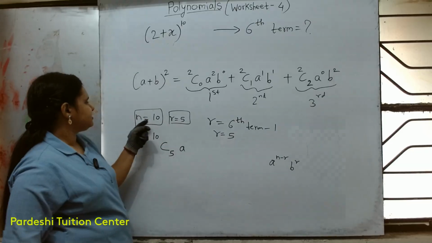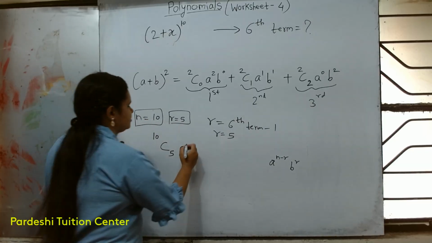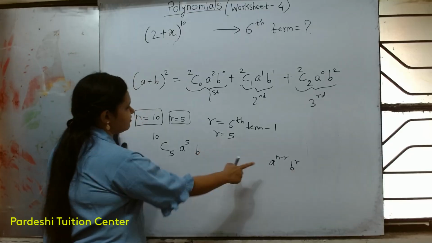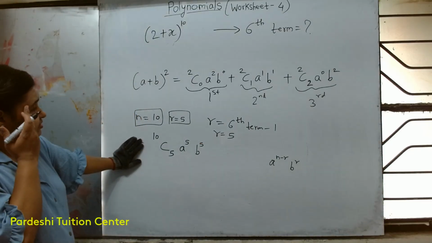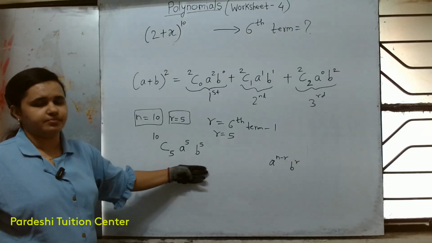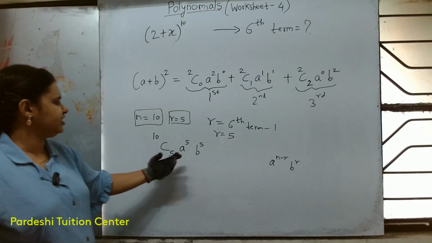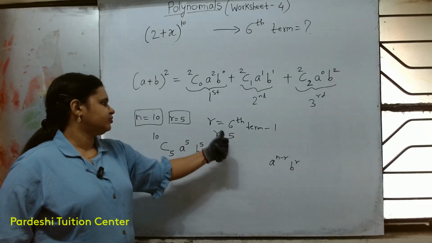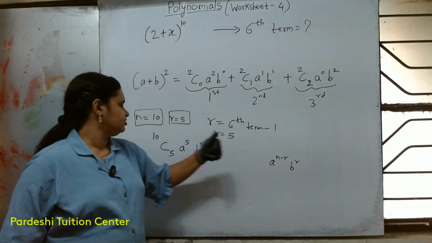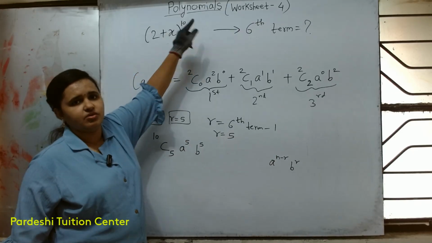So n minus r means 10 minus 5, so it will be a to the power 5, and b to the power r is b to the power 5, okay. Now this is the sixth term. According to the formula you have to derive it. For the sixth term, r is equal to sixth term minus 1, that is 5, and n was already given, okay.